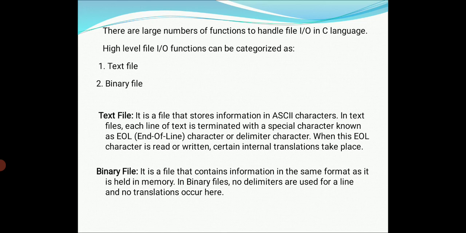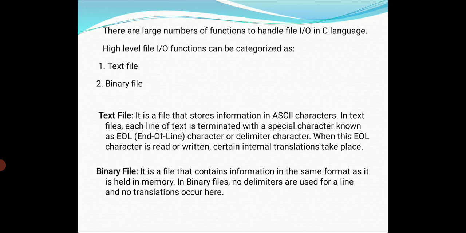Then, what is a text file? A text file is a file that stores the information in ASCII characters. ASCII means American Standard Code for Information Interchange. Some of the characters are represented in the ASCII format. In a text file, each line of text is terminated with a special character. That character we can call an end of line character.